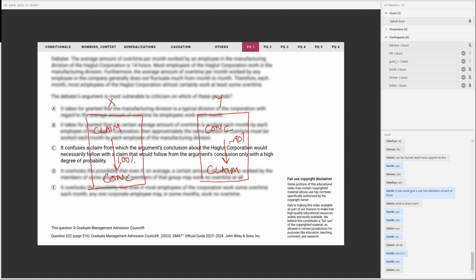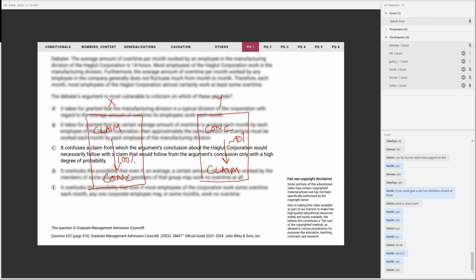No. Okay, if you're not sure about the phrasing, this is what they're trying to tell us. When they say something would follow from something, they're saying it is derivable from that thing. So if the conclusion follows from that claim, it means the claim is the support for the conclusion.